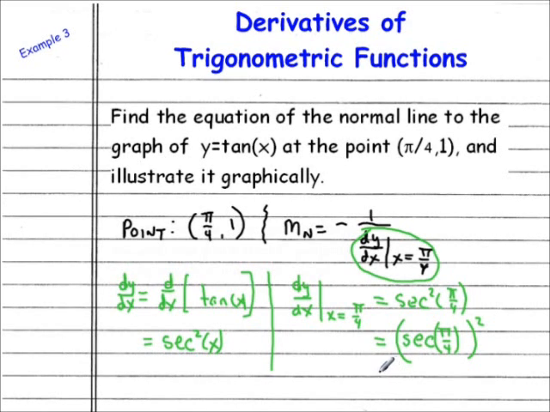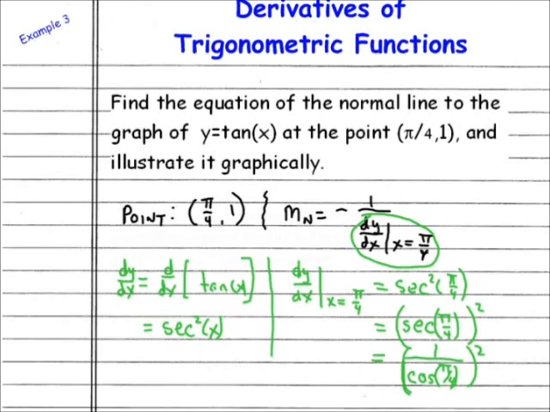Well, I sometimes have a hard time remembering what the secant of pi over 4 is, but I do know that the secant is 1 over cosine. So this is really 1 over the cosine of pi over 4, and that fraction being squared.